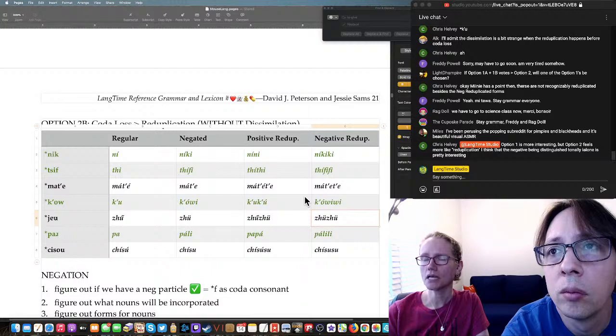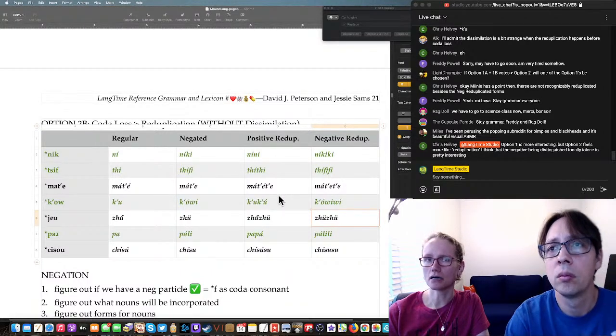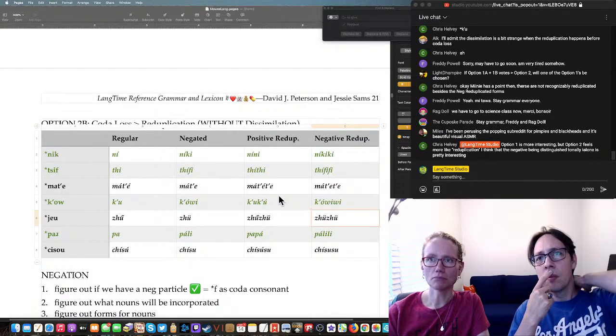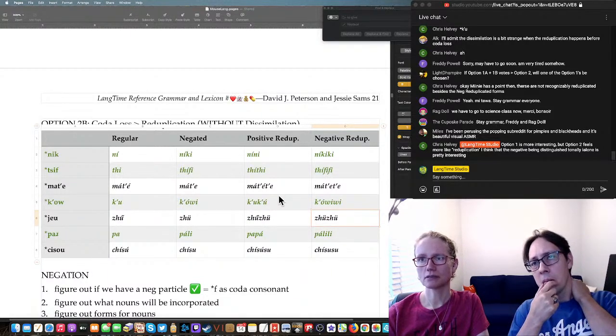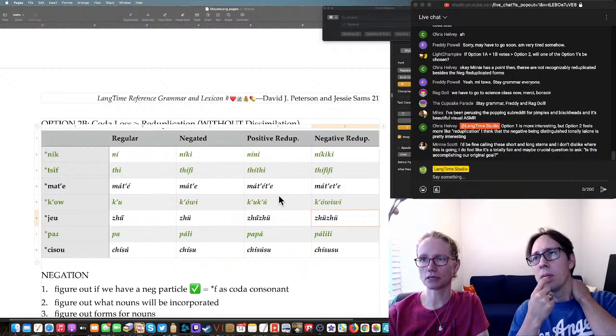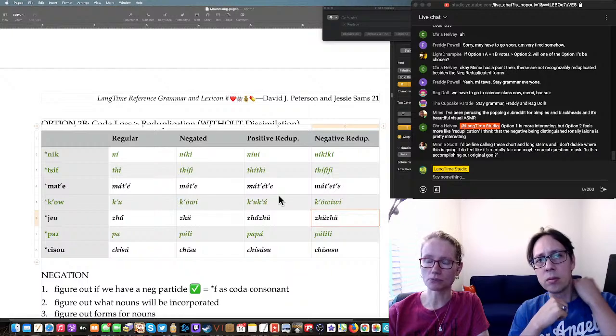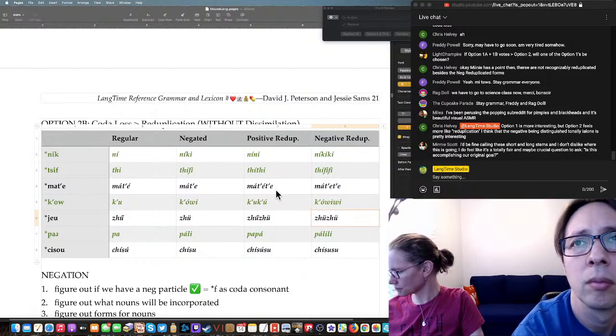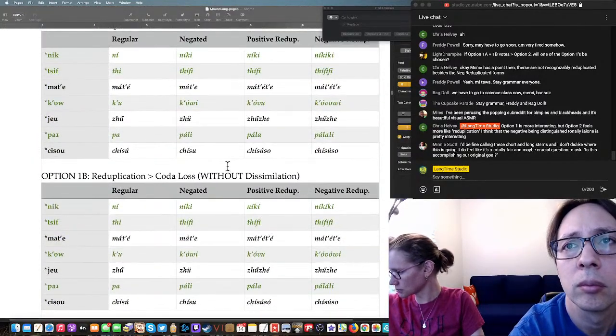Now I agree with all the chat saying that the option 2s feel much more like what you would find in a modern grammar called reduplication. And I totally get where you're coming from. Chris feels more comfortable calling option 1 a long stem versus a short stem or something of the nature. And I get it, but historically it was reduplication, so we're just going to use that term, because it is recognizable for the most part in option 1, especially now with that epithetic vowel.